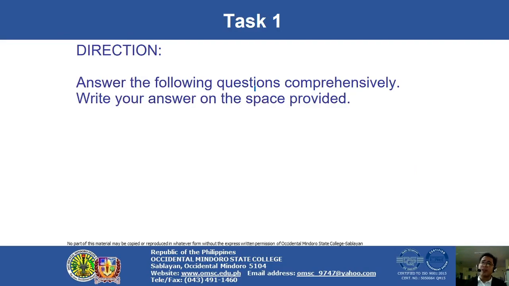Okay? Now, for your task na nakalagay doon sa modules ninyo dyan sa computer programming, okay, the direction is answer the following questions comprehensively. Write your answer in the space provided. So, nakikita nyo dyan merong provided spaces dyan sa baba ng inyong module. Okay? Just follow the instruction.